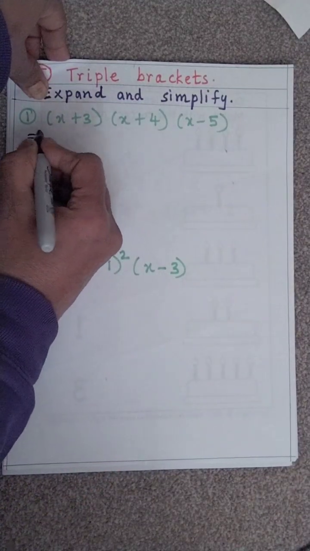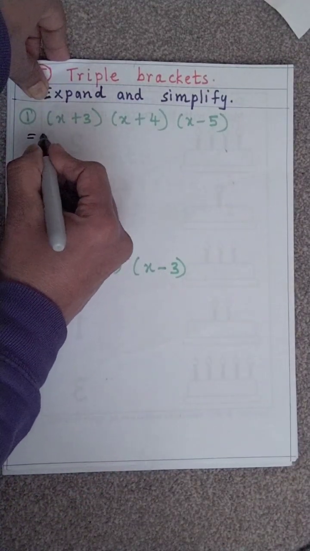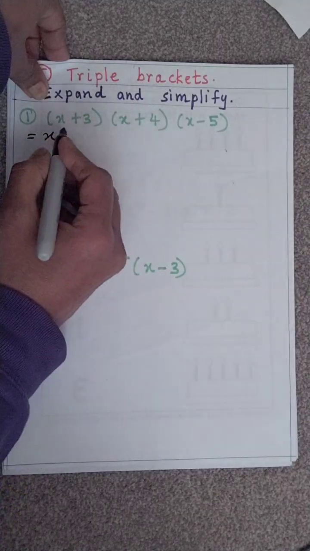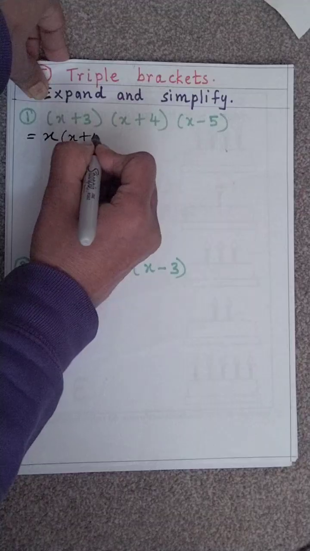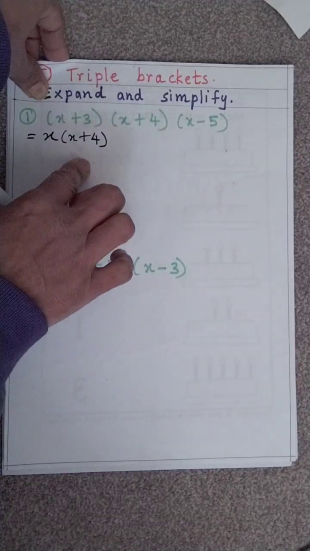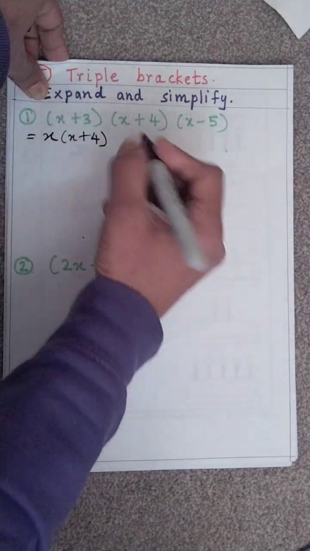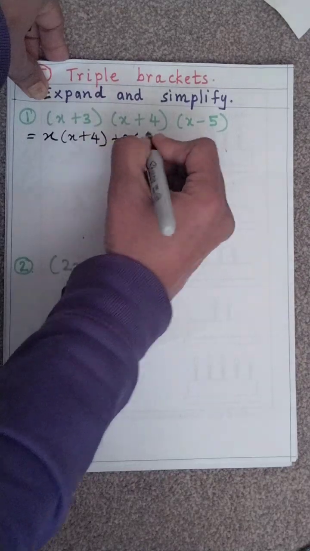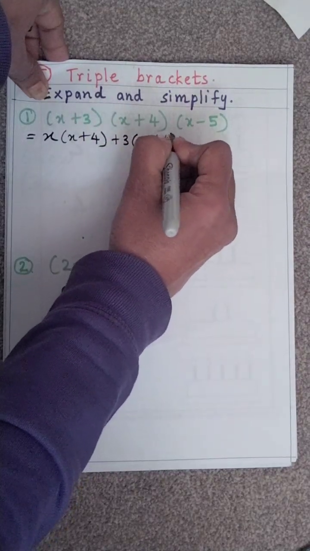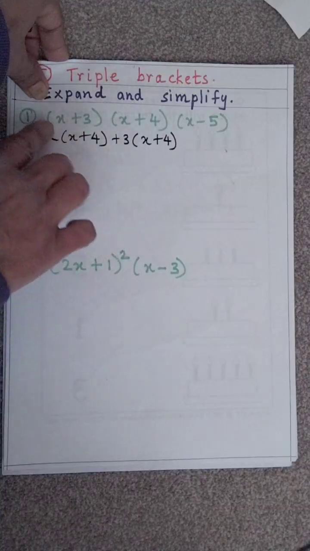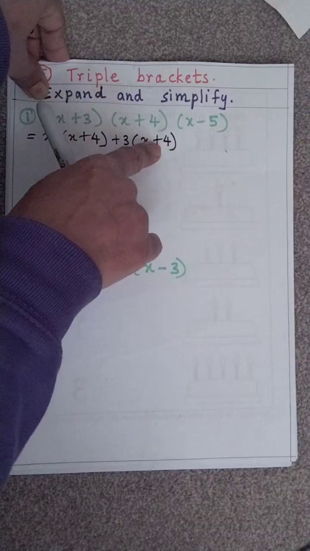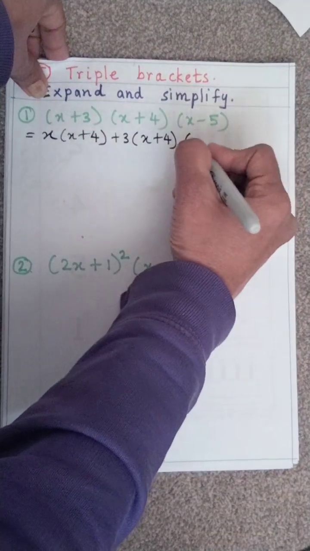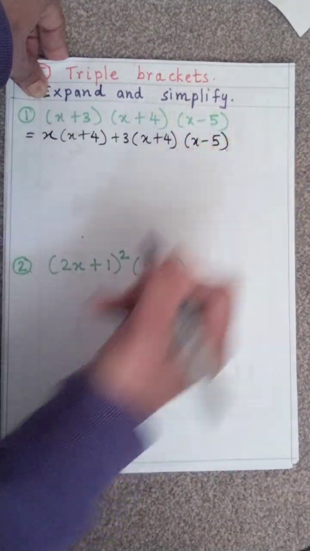Is equal to x, take x and multiply by these two parts, x plus 4. Okay, x times x plus 4, then plus 3 and x plus 4. Okay, and then x minus 5 we will solve later.